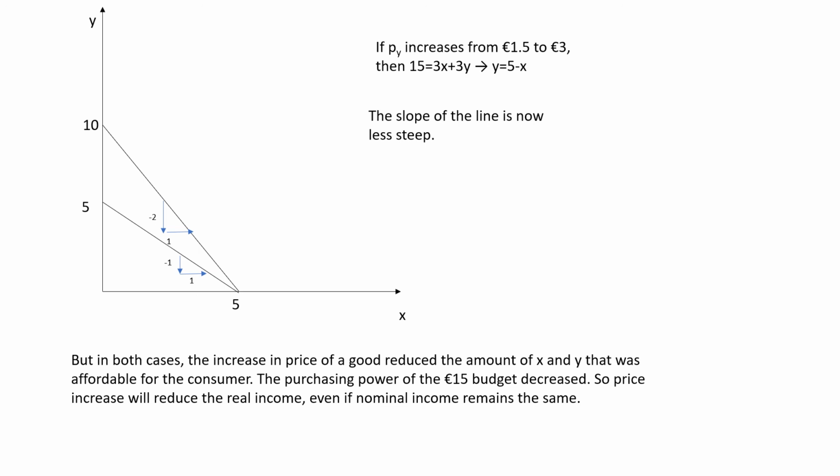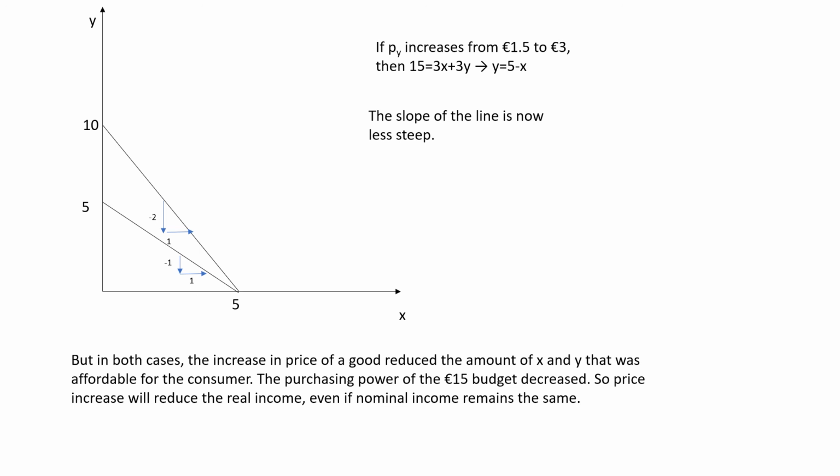That means that a change in the price ratio is going to change not the nominal income, but the real income. That is, the purchasing power of the nominal income is going to reduce. This will be very important when, in a later clip, we discuss the substitution and income effects.